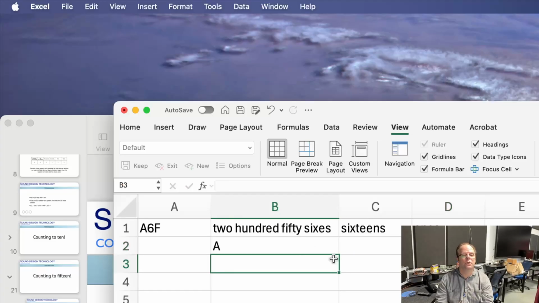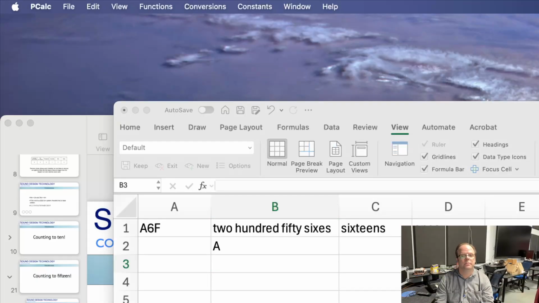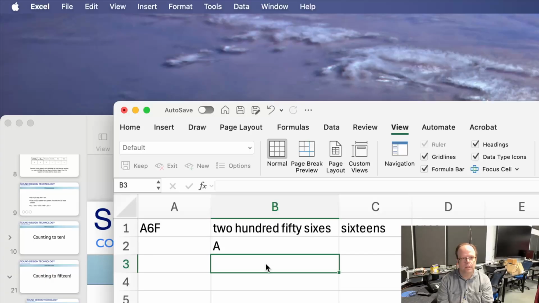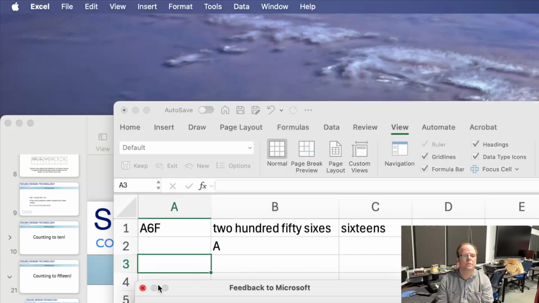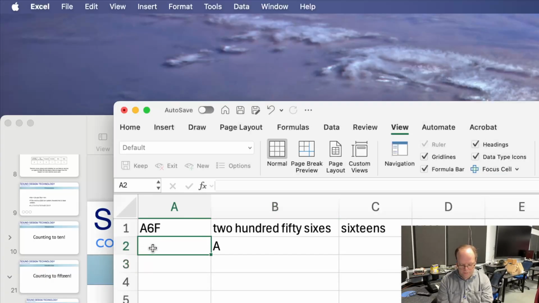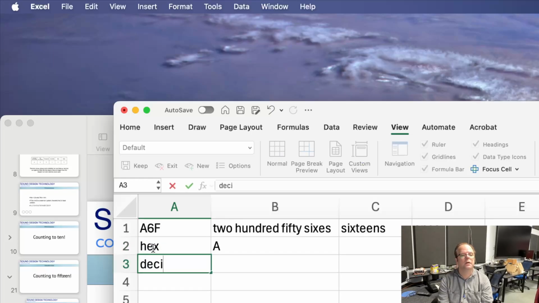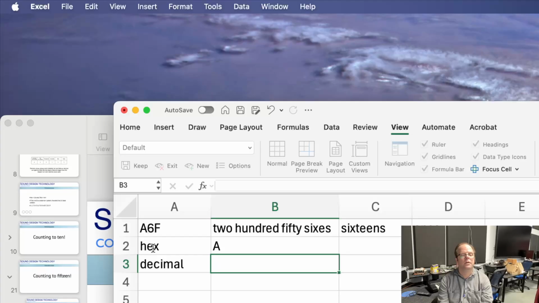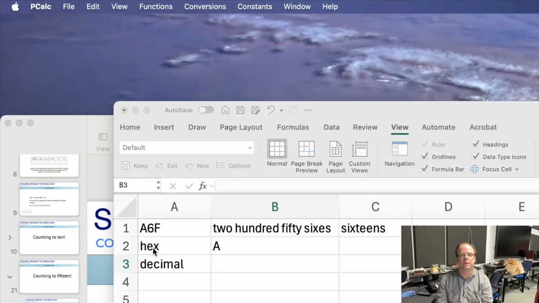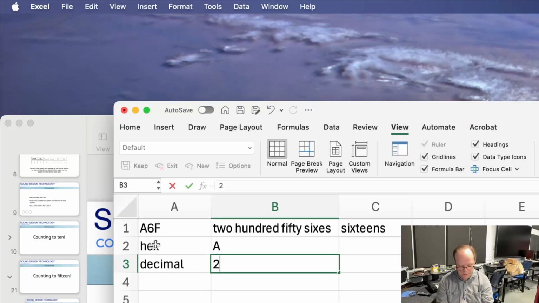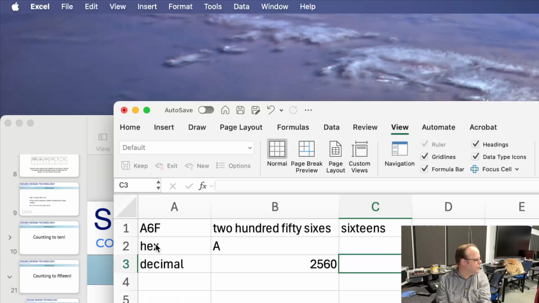Okay, so what is 10 256s? 2,560. So this is in hex. Now I'm going to write it out in decimal here. So this would be 2,560. It's accounted for there.